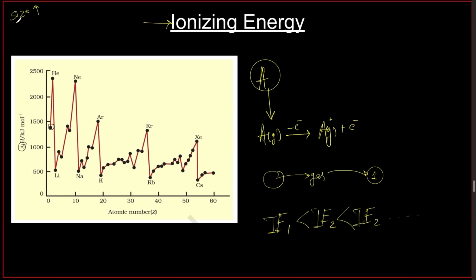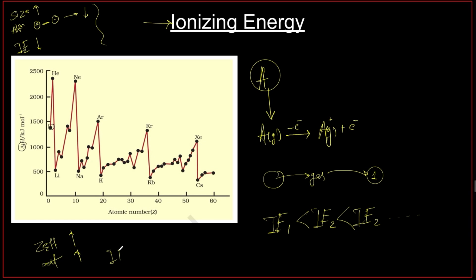If size increases, the attraction between the nucleus and the outermost shell electron gets weaker, so the ionizing energy becomes weaker. The second one is that when your Z effective increases, the attraction also increases, which increases the ionization energy. These are the two factors that determine ionization energy.